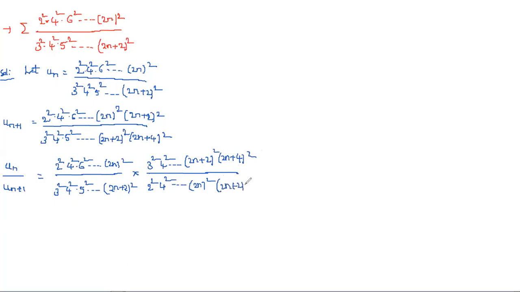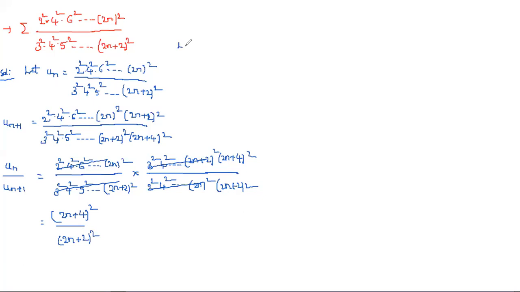So here, this total one, up to this term, cancels, and this is 2n plus 2 whole square, up to this one cancels. What about remaining here? 2n plus 4 whole square by 2n plus 2 whole square. This is un by un plus 1.